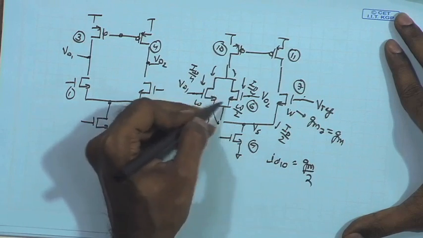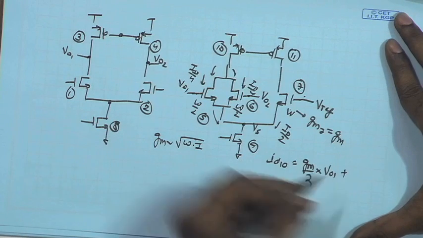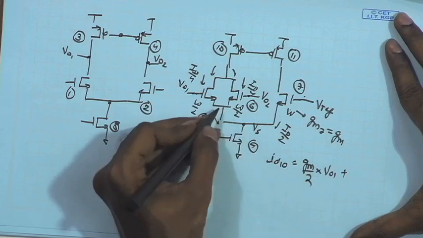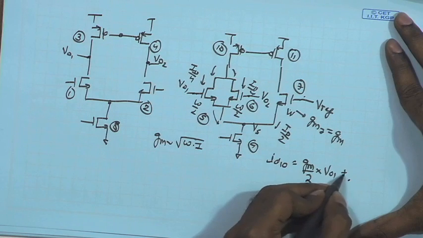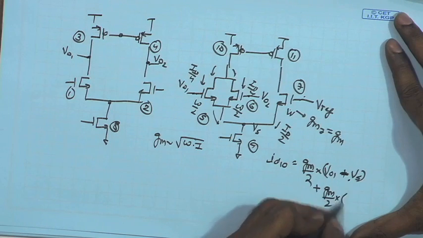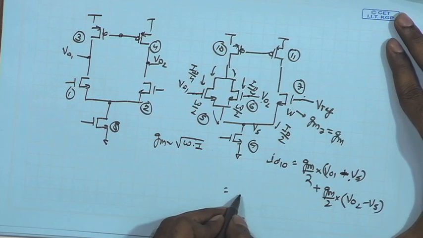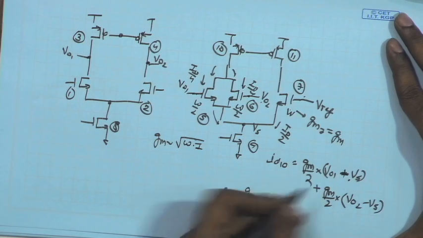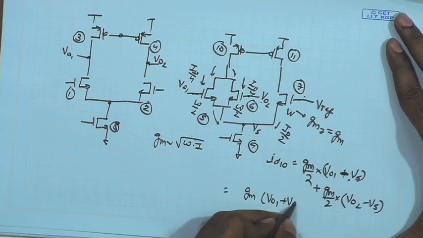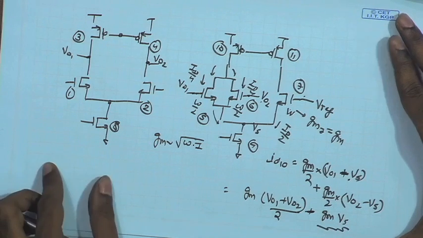So, ID10 is going to be GM by 2 times VO1, or if I assume that the source is not at AC ground, I should take VO1 minus Vs, plus another GM by 2 times VO2 minus Vs. Therefore, I can write ID10 as GM times (VO1 plus VO2) by 2, plus GM times Vs, or rather minus GM times Vs. So, this is the extraneous component that is coming.